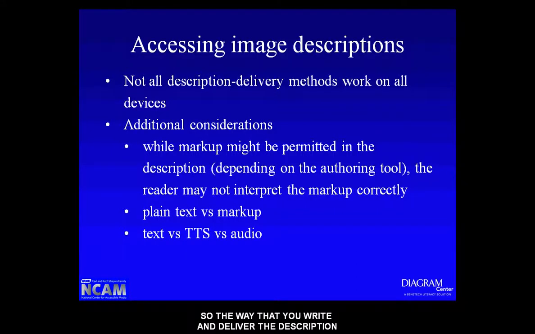So the way that you write and deliver the description is largely dependent on the target format. And if you have a number of target formats, you may find yourself taking the same description and massaging it into different formats for each of these targets.